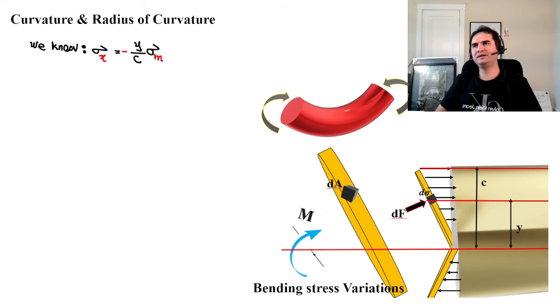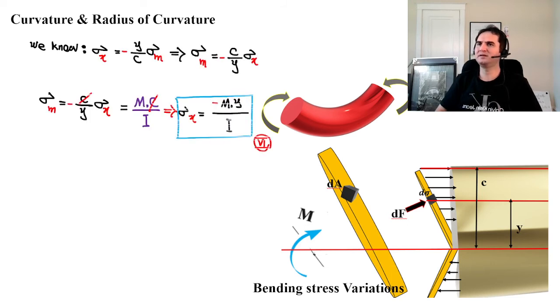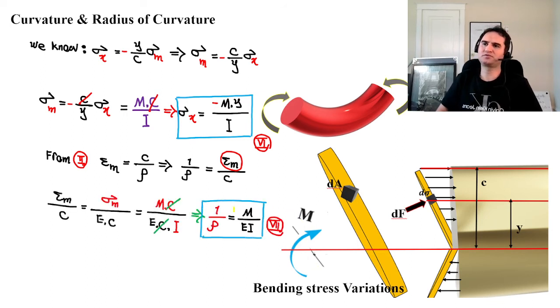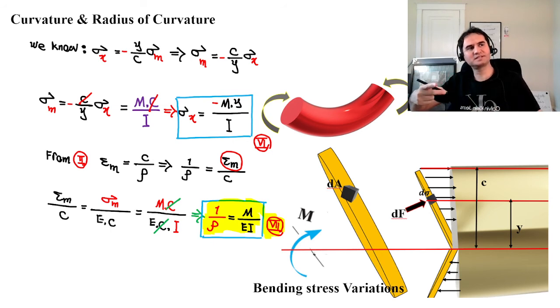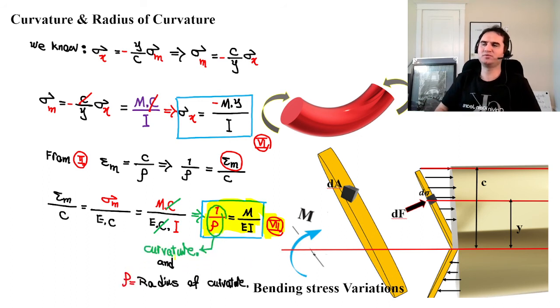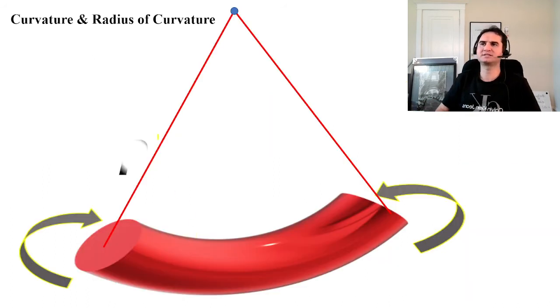We know from bending that the final result of that calculation in chapter 6 is 1 over rho, the curvature, is M over EI. If you remember this equation from chapter 6, combining chapter 6 with chapter 12 of mechanics of materials, rho is the radius of curvature and 1 over rho is curvature itself.